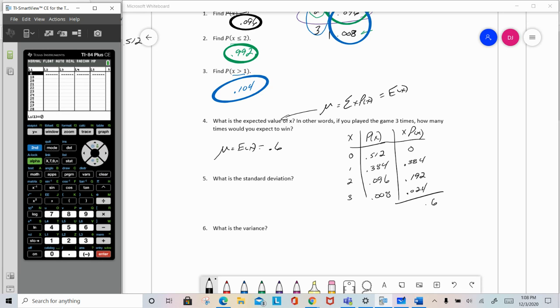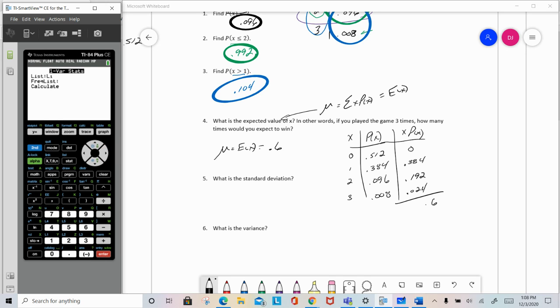And my L1, I'm going to put the 0, 1, 2, 3. L2 is going to be the probabilities of 0.512, 0.384, 0.096, and 0.008. Okay. So now we're going to go to Stat, Calculate, one variable statistics.